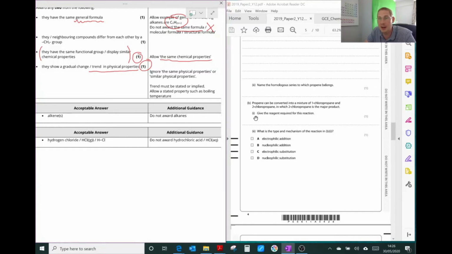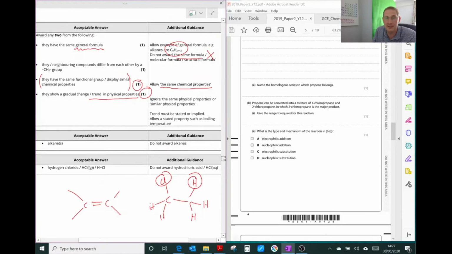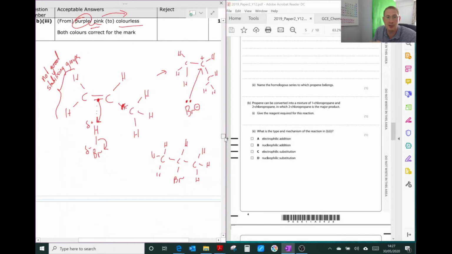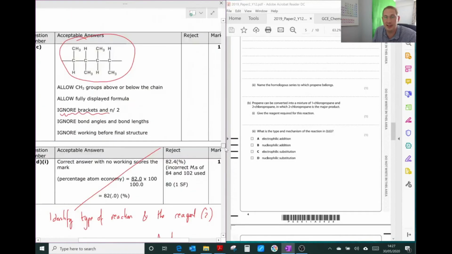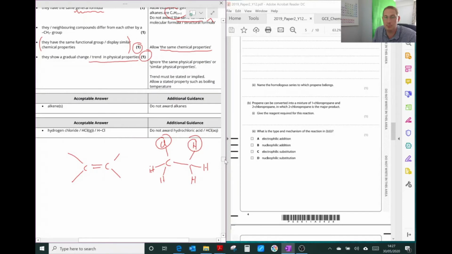Well, we've seen this earlier, that if we want to turn an alkene into this or similar, then the way to do that is by adding HCl, and that was very, very similar to the HBr mechanism that we've got up here, where you're just turning that into bromopropane or whatever it was. Okay, so the reagent required: hydrogen chloride, HCl gas.